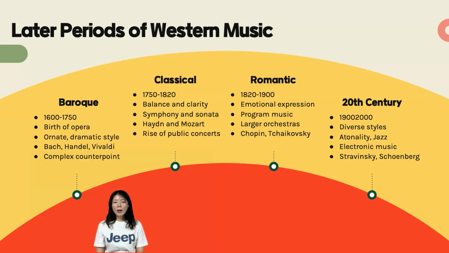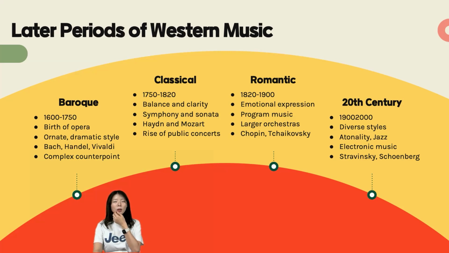I told you that music became very complex, so there were a lot of ornamentations in music, and the dramatic style started. Moving into the classical period, dates 1750 to 1820.